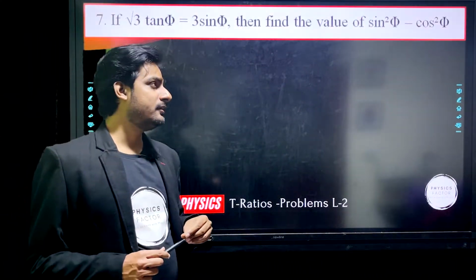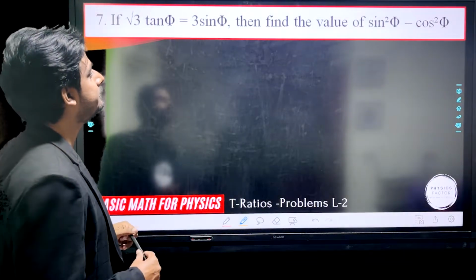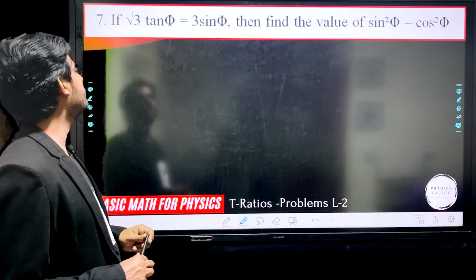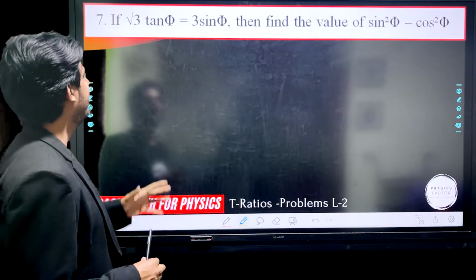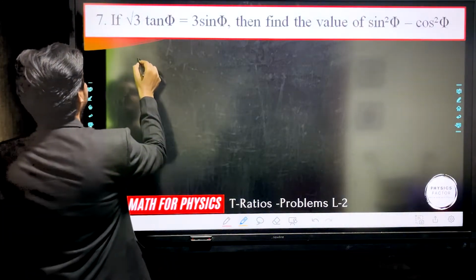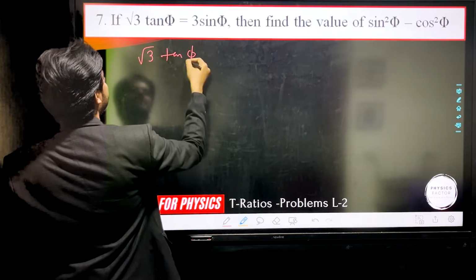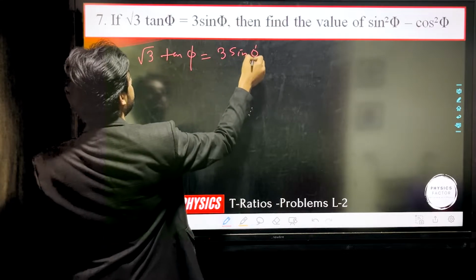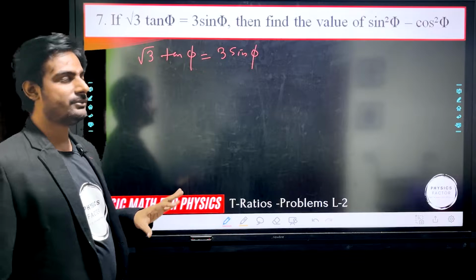All right, so now we have question number 7. We are given root 3 tan theta equals 3 sin theta, and we have to find some expression. Let's write the expression first. So root 3 tan phi equals 3 sin phi. Phi is just a representation of an angle. From this expression, we'll try to calculate one of the trigonometric ratios.